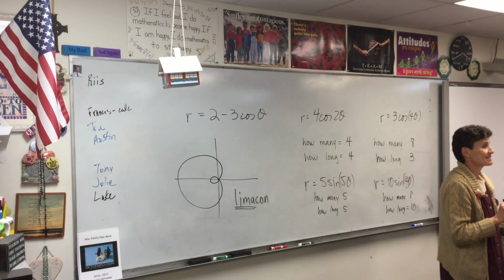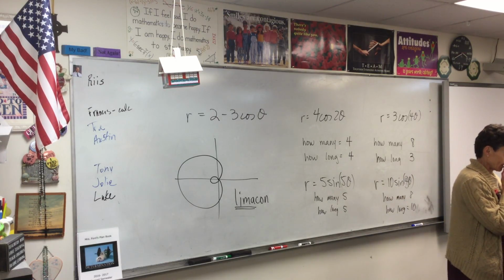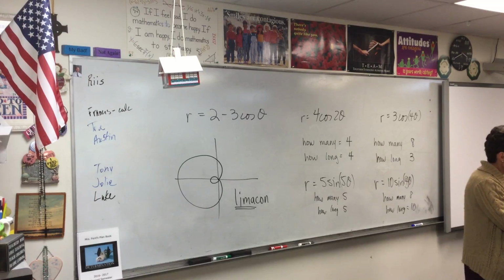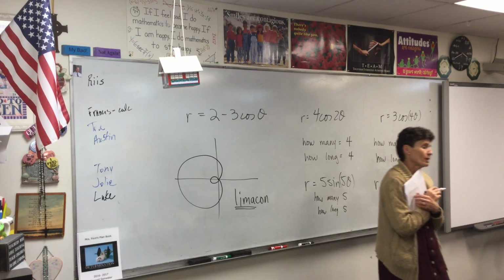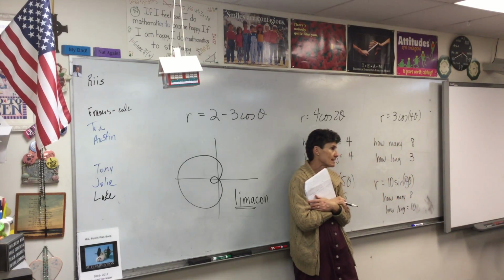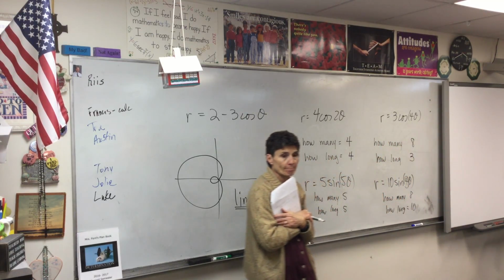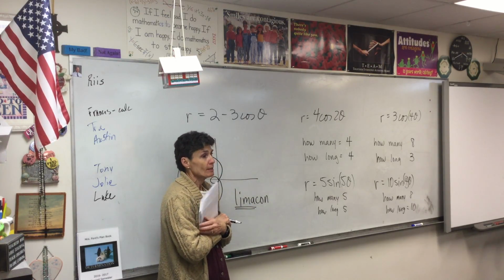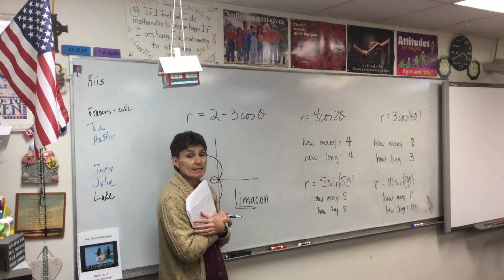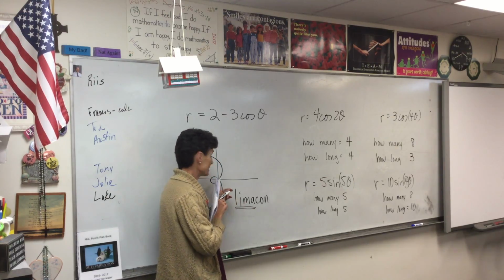Sketch problem C. I skipped B. I'm going straight to C. Sketch C. Tell me what is different about C. Well, the size will change, but there's something else that's different about it. It doesn't have this loop.